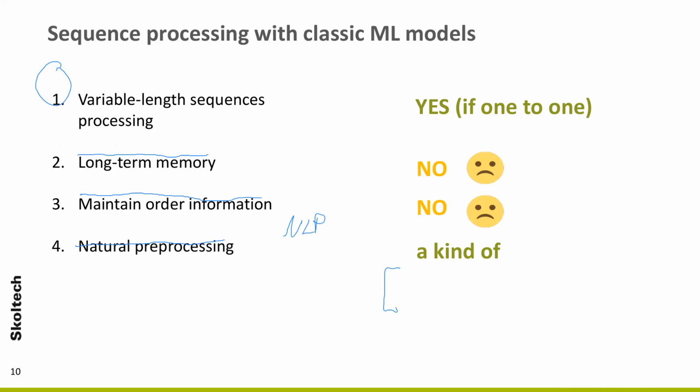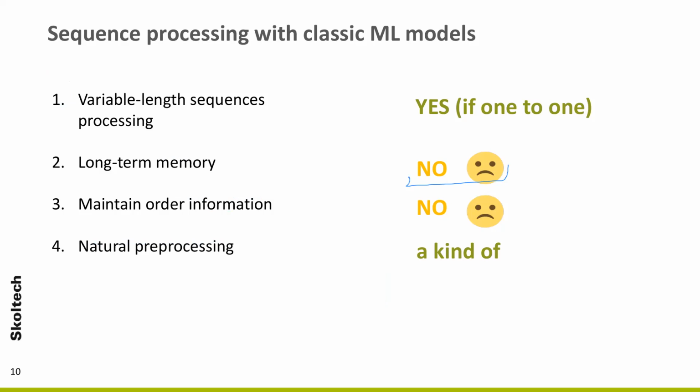When we go back to classic machine learning models based on TF-IDF features or bag of words, or using only previous words, then we definitely have some problems, and we don't meet all the design criteria I listed on the previous slide. We don't have long-term memory, or if we have this memory, it's a very strange memory.